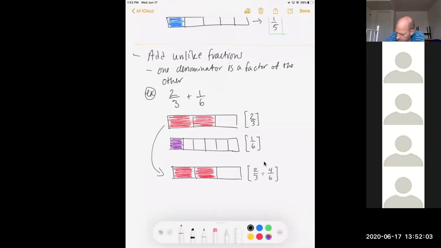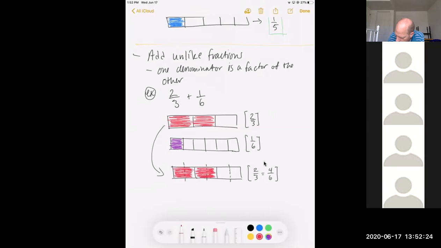I needed to make them the same size as 6, and all I have to do is divide each piece in half. And as I discovered, right? So now I have 4/6 here.